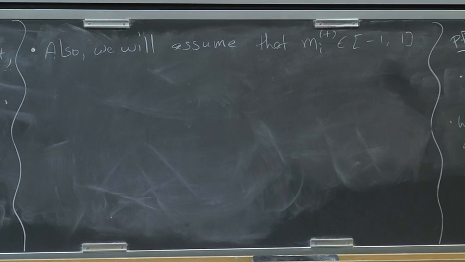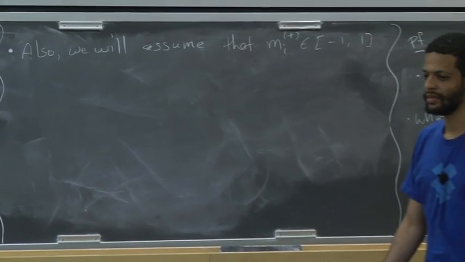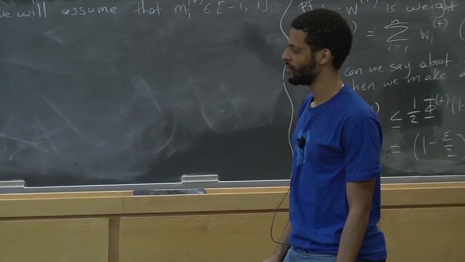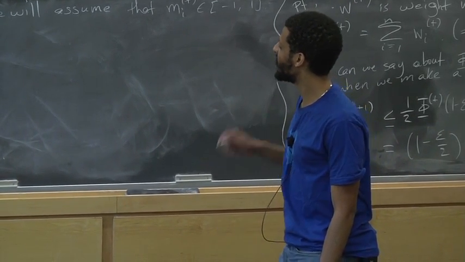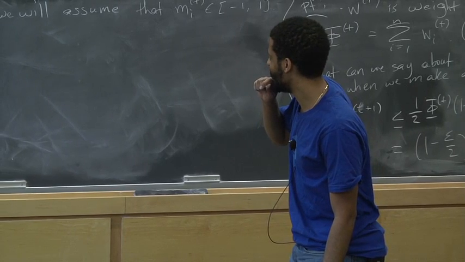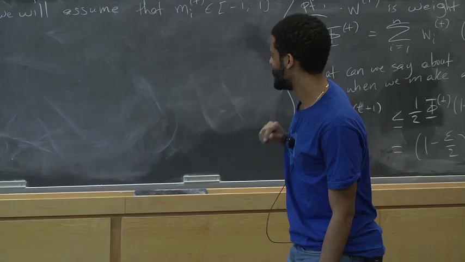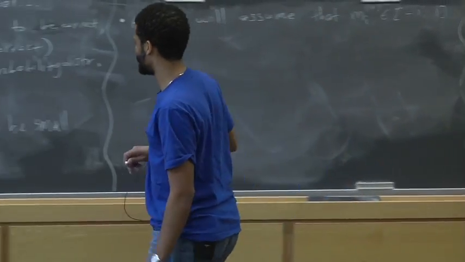Mi of t is not a number of mistakes made so far, but a vector of mistakes in the step, right? You changed the notation. Oh, yes. Oh, good point. Whoops. Okay.